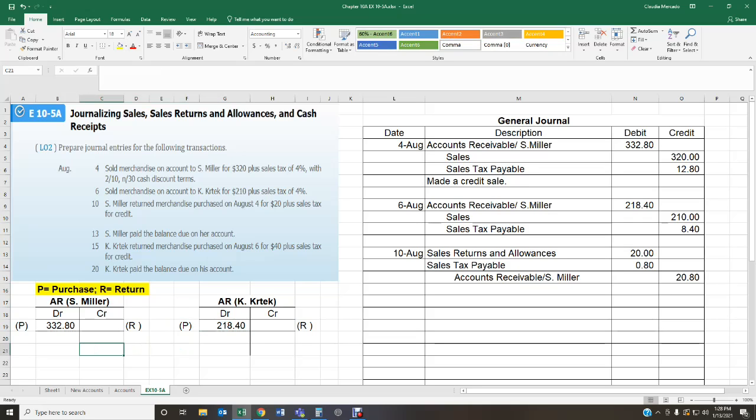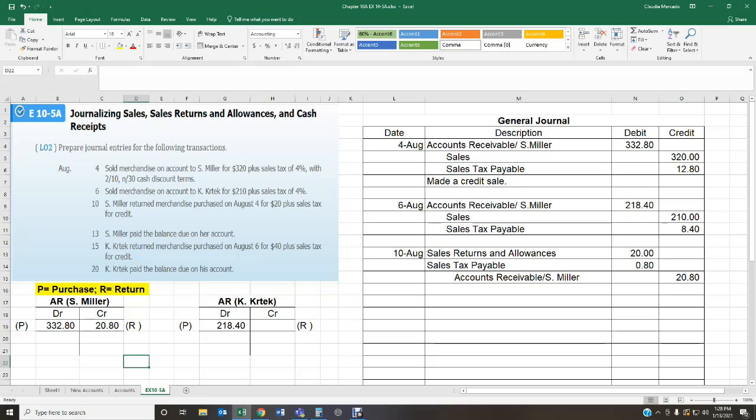Okay, so going back to August the 10th, we have a return. Accounts receivable is being credited $20.80, okay? So that happened on August the 10th. Then on the 13th, it says that Miller paid the balance due on her account. Well, how much does Miller owe?